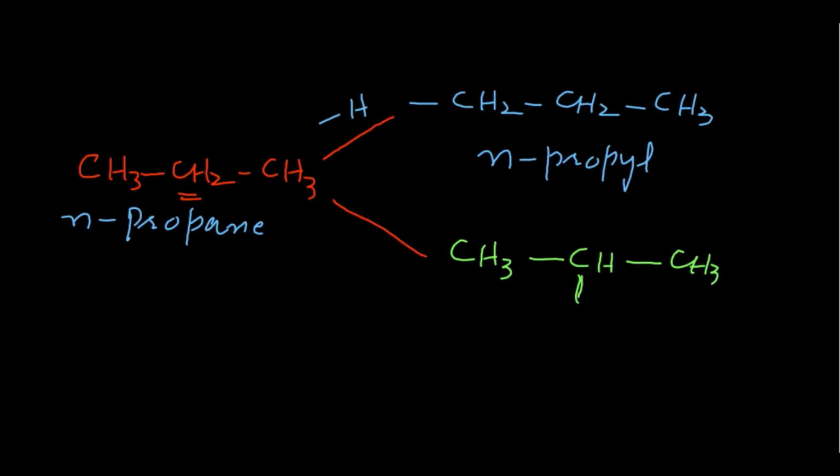In this way, after the loss of one hydrogen from the second carbon, we get the propyl radical, and this propyl radical is known as isopropyl. This is the isopropyl radical.